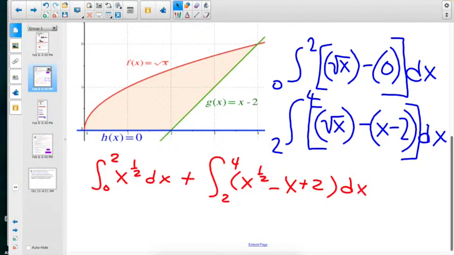I got a little tricky with it. You see what I did? Just to simplify the brackets. We talked about yesterday that if we're going to integrate 0, that's not going to have any area underneath it, so we can just drop the 0. Does that make sense? When I distribute my minus sign, I get my minus x plus 2.